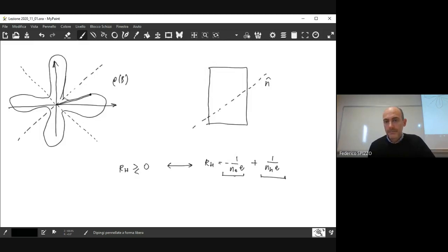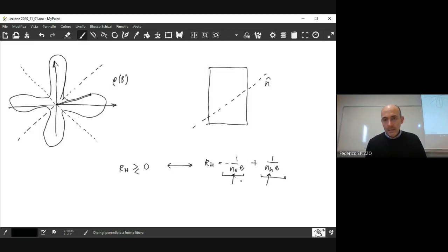And in this case, due to the fact that the electronic density that you have here and also the Hall density are not fixed at the beginning of the calculation, but are obtained as a result of the integral using the density of states in the reciprocal space, then this justifies the fact that the modulus of RH was different from the modulus that was predicted by the Drude model.